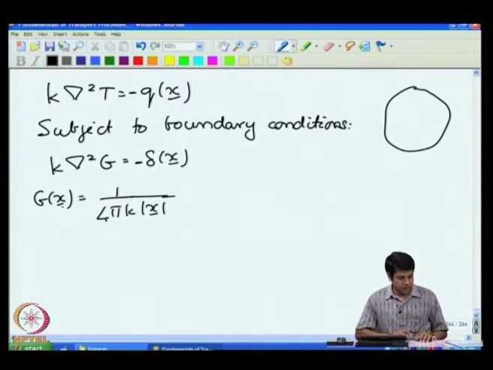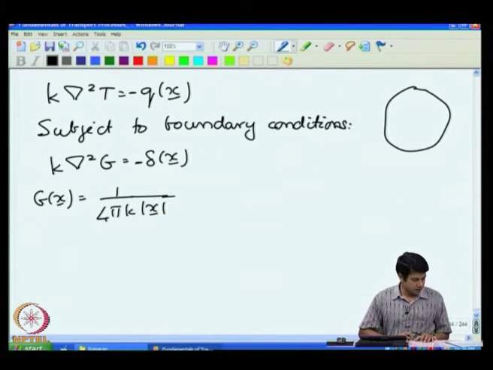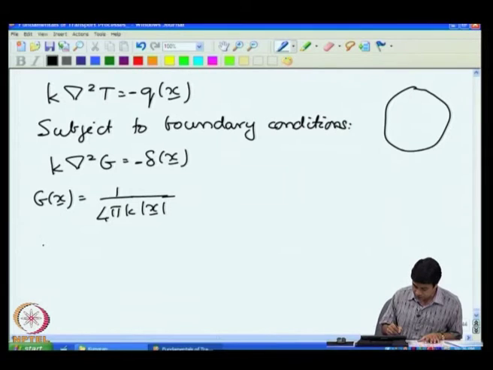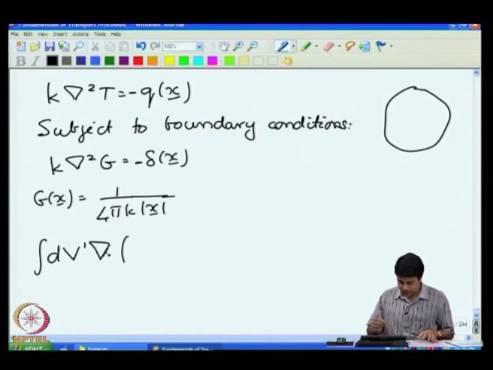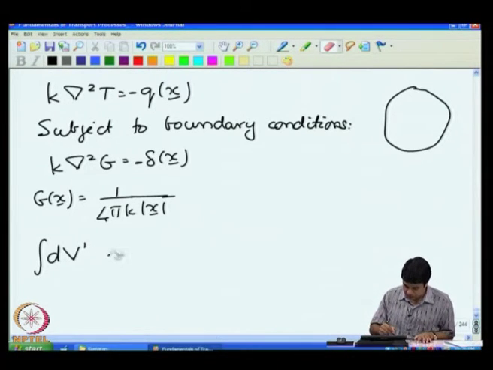Now, consider the integral over the entire volume of del dot, let me be a little more precise here.